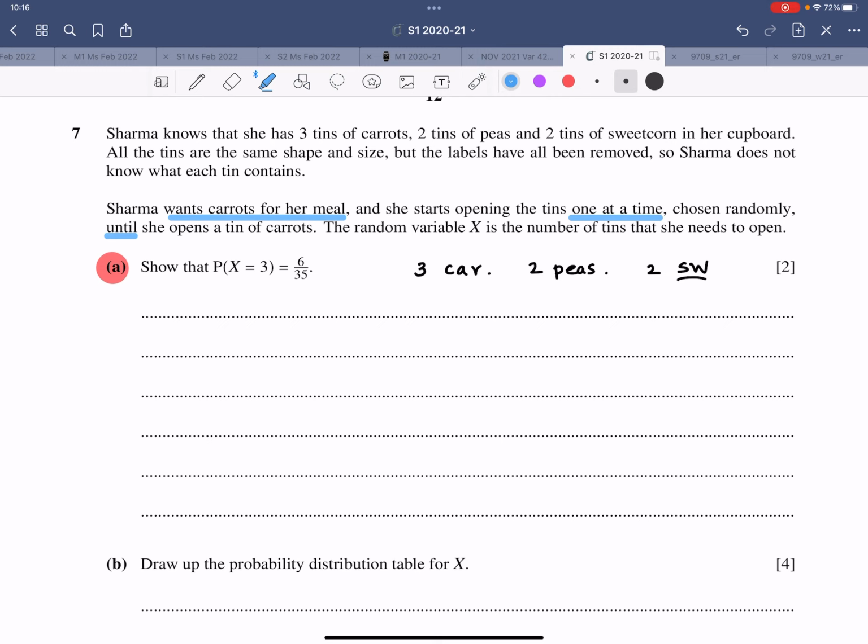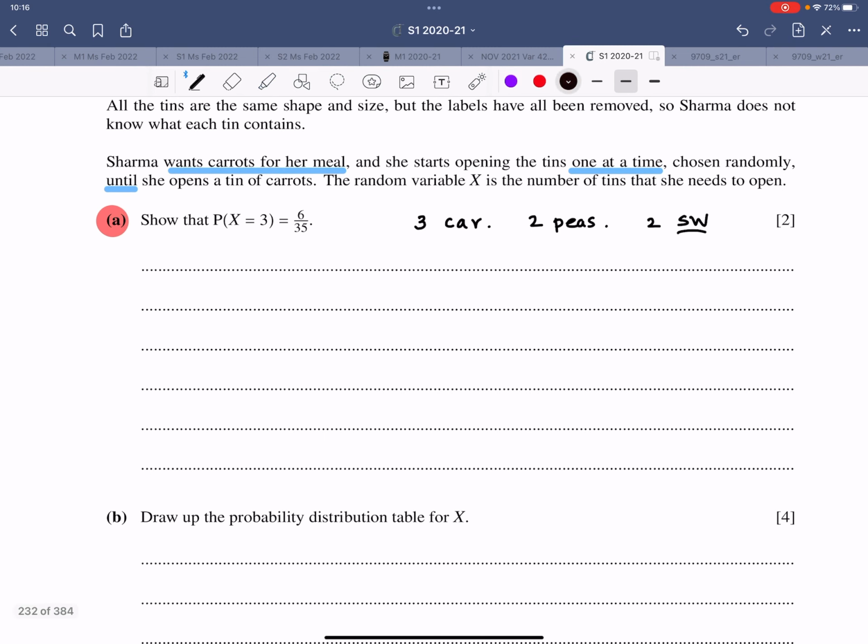Now the word until might give you the sense that this is a geometric probability distribution, but in a geometric probability distribution the probabilities are fixed. Over here it's not fixed because this is a without replacement question. So first of all, this is a without replacement question. This is not a geometric probability distribution.